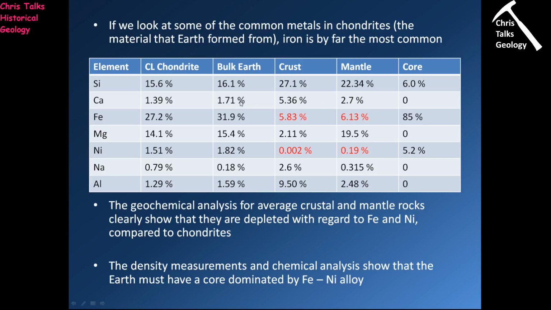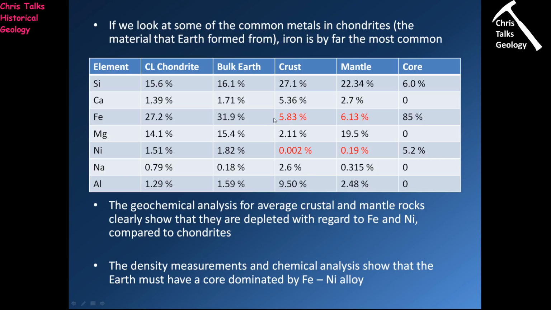Once again, they're pretty rich in calcium. The crust is pretty lacking in magnesium, but the mantle's very rich in magnesium, so that's okay. Let's see, nickel. No, nickel's missing. Sodium, plenty of sodium in the crust there. What about aluminum? Plenty of aluminum in the crust, and actually quite a bit in the mantle as well.